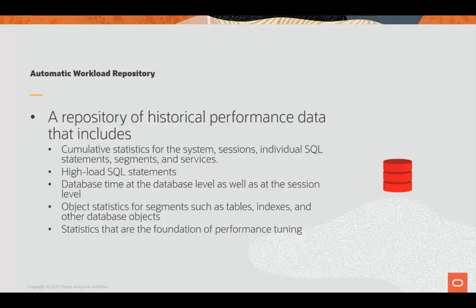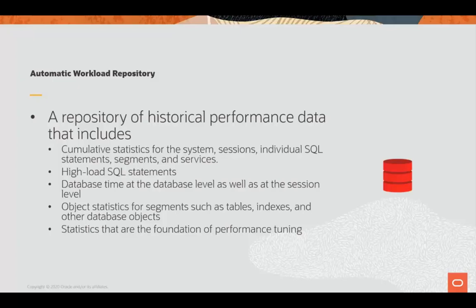It includes the concept of database time at the database level as well as the session level. So you can start comparing and gathering information about the amount of workload that the database is processing, either at the database level as a whole or at the session level.